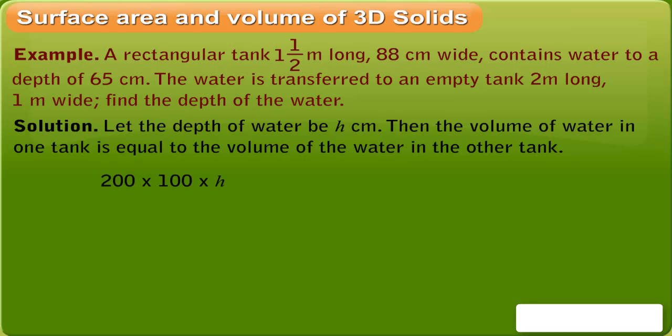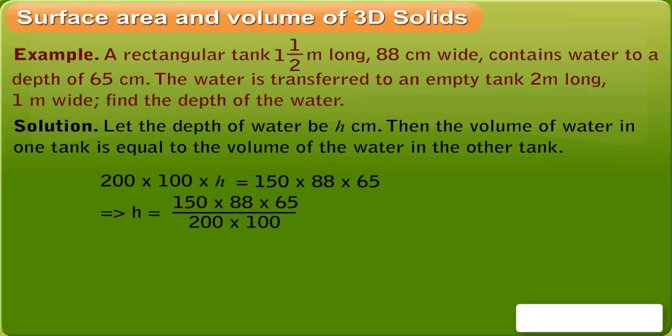Therefore, volume of the empty tank is 200, converting 2 meter into centimeters, into 100, converting 1 meter into centimeters, into H, is equal to volume of the filled tank, converting 1.5 meter into centimeter, we get 150 centimeters into 88 into 65.